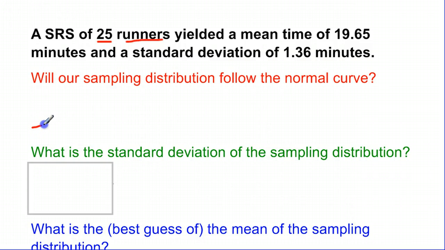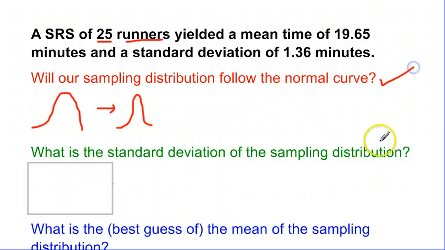No. So we might get something that looks kind of like this as our initial distribution. Not a perfect normal curve. However, something that's pretty close with 25 runners is going to form a very beautiful, perfect textbook curve. So as long as we start with something decent, 25 runners is enough to make it, yes, follow the normal curve.